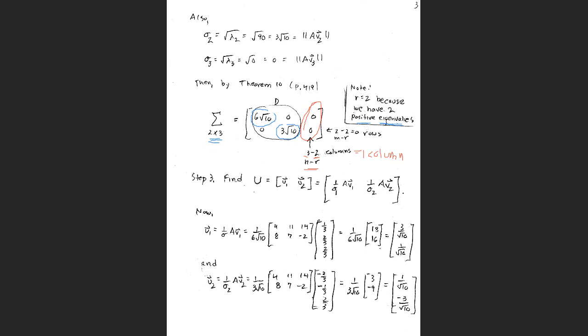Now, in the theorem 10 above there, when they talk about the matrix sigma, you construct a matrix sigma with the D in the top left-hand corner, and then you have zeros everywhere else.